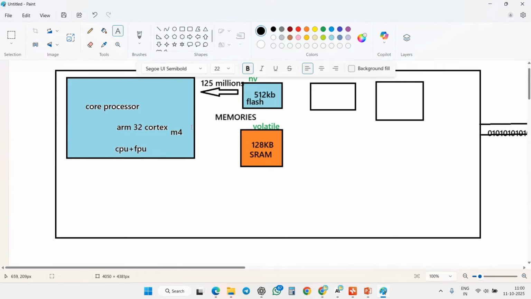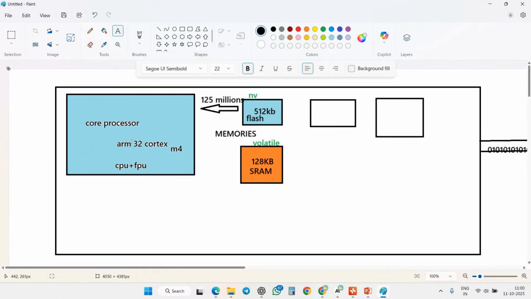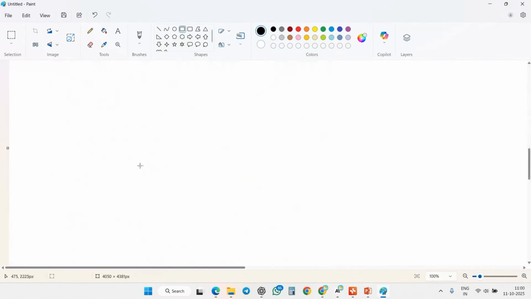The instructions are fetched, and only 32 bits of instruction get processed. Why? Because it is a 32-bit processor. Here it has 32-bit instruction processing. Even though it can process 125 million instructions per megahertz, it is a 32-bit processor, so it can process up to 32 bits.